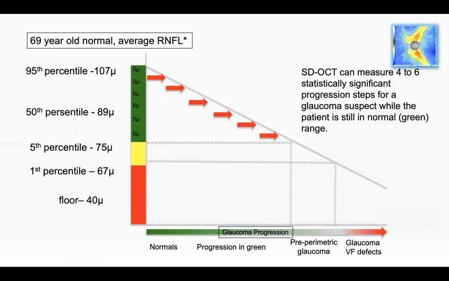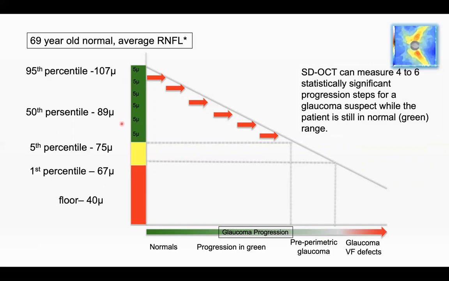These are the normal, borderline, and outside normal values for a 69-year-old average person. You see it's 107 at the 95th percentile. Let's think she is a glaucoma suspect. She can start from the top, and RNFL thickness decreases in time, but she is still in the green range.